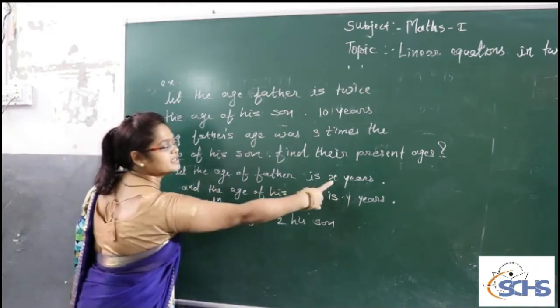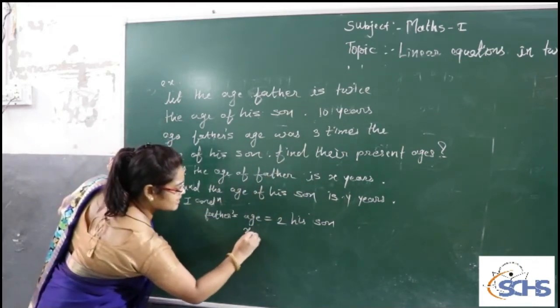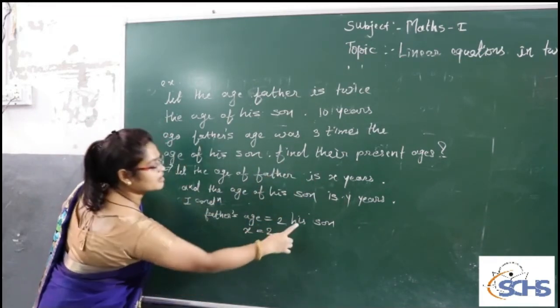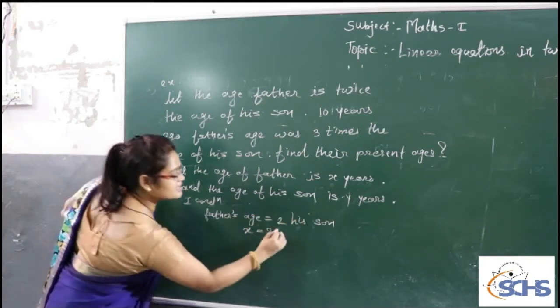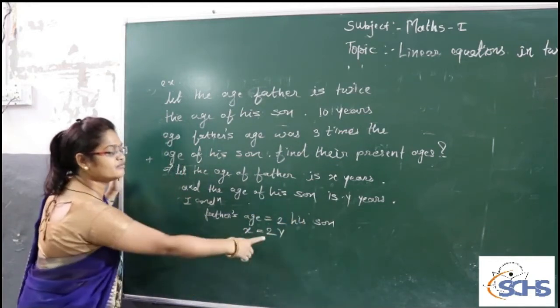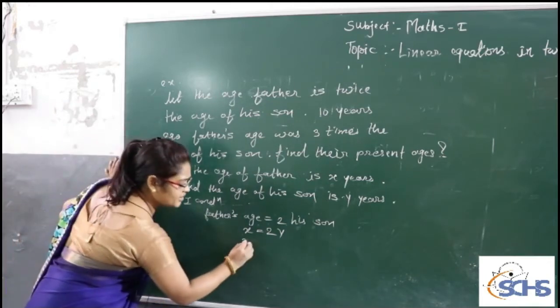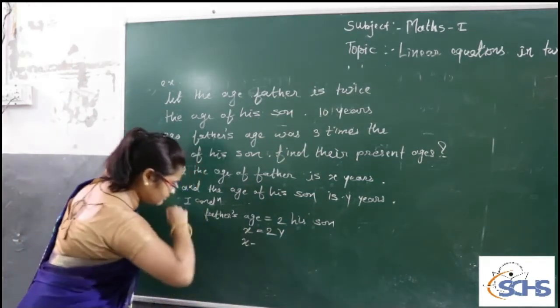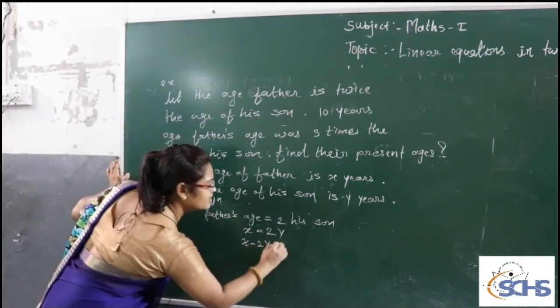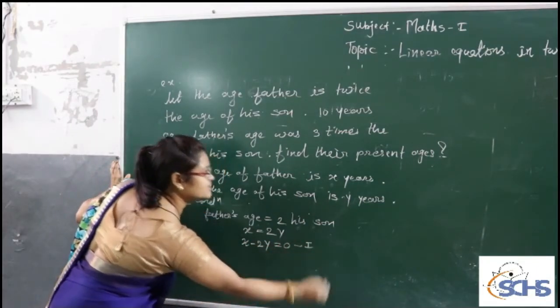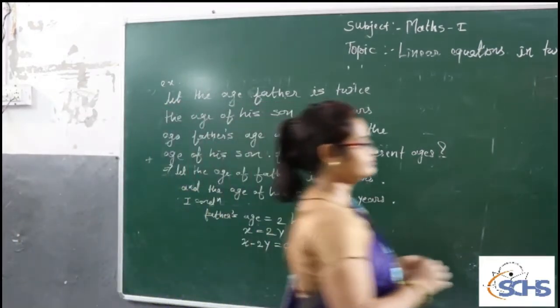Father's age is x years. It means x is equals to 2 times his son's age, which is y years. Okay, if we have to convert it into general form of linear equation, this can be x minus 2y equals to 0. Let's give this as equation number 1.